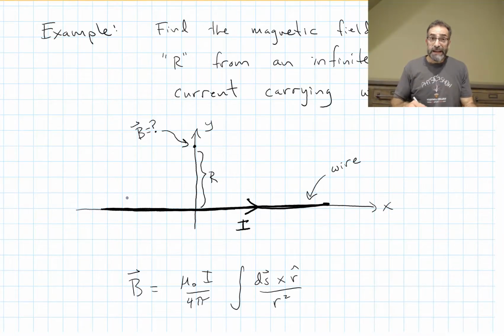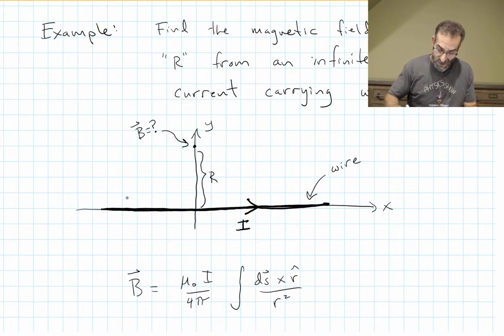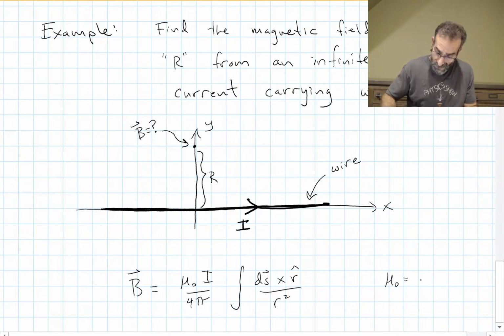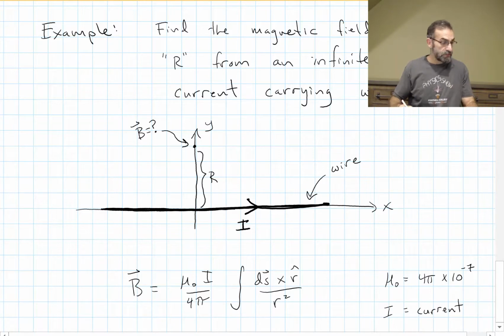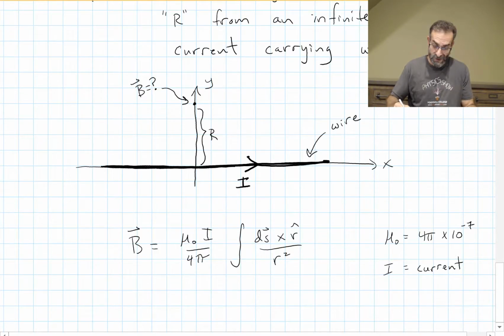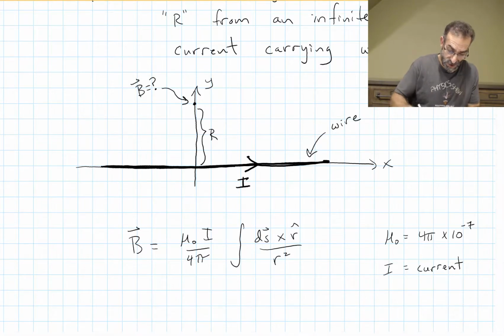Okay, let's break this equation down and go through each variable. Mu naught is our constant, 4 pi times 10 to the minus 7. I is our current. We would be given that value in this problem. We're going to pick some little length of the current path.